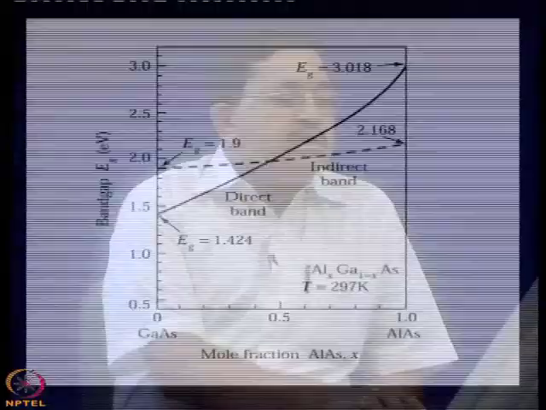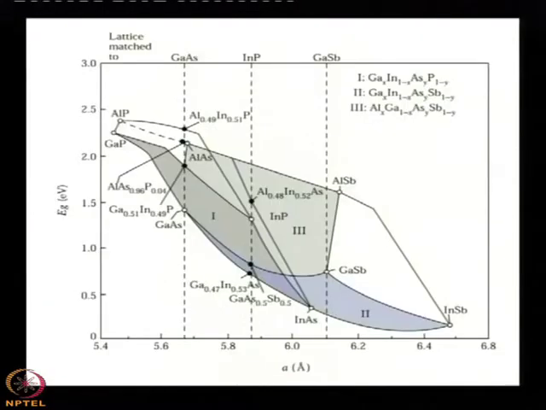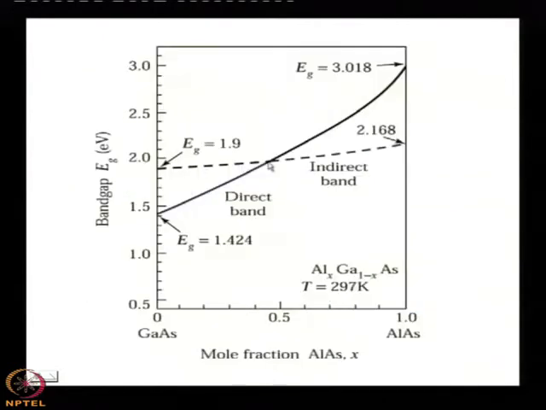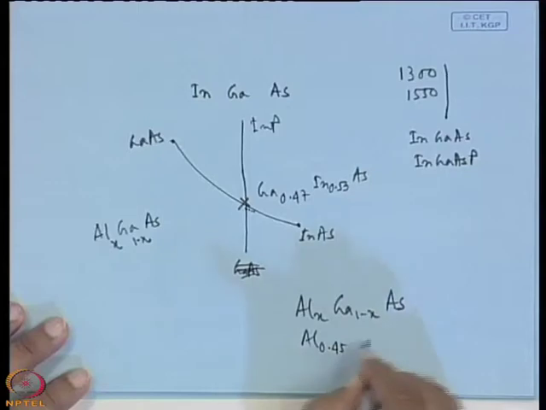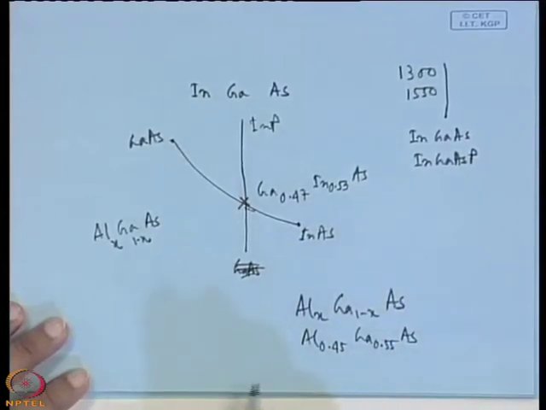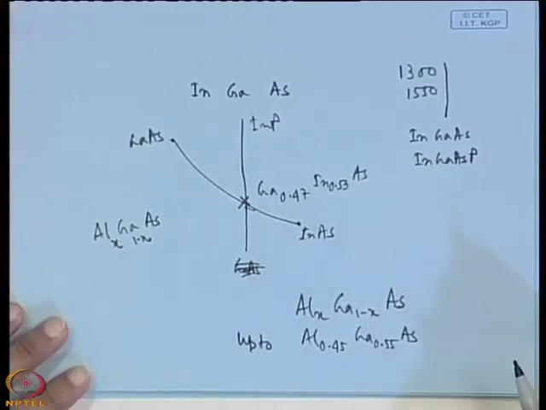So, this diagram sets the limit: you can grow theoretically, but after 0.45 of aluminum, that means aluminum up to 0.45, gallium 0.55, arsenic, up to this composition it is direct, above this composition it is indirect. So, it is useless for you.